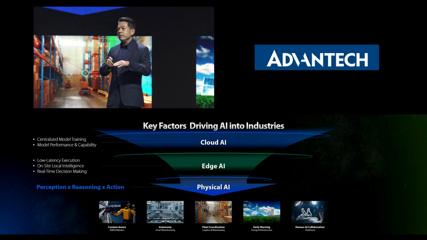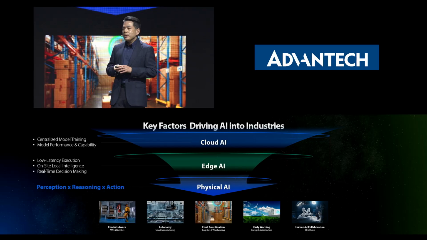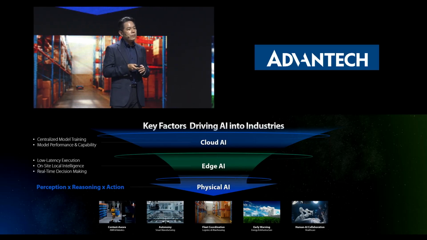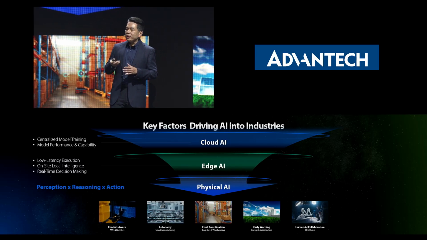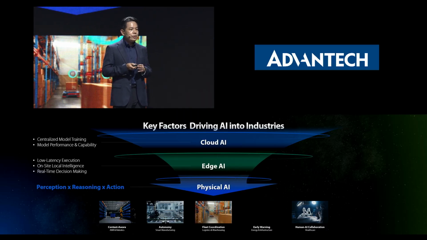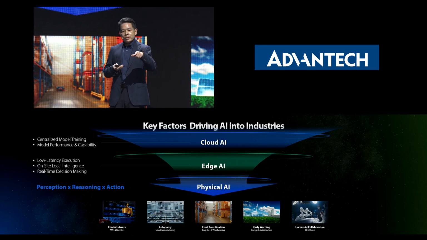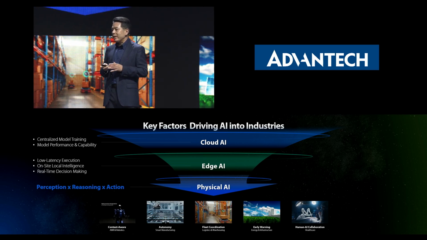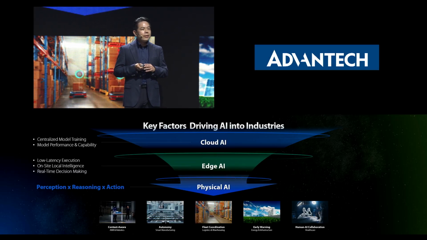Let's look at the second layer, the Edge AI. When the computing power is deployed to the field, Edge AI's low latency, data security, and real-time response have demonstrated a great advantage. And also, the most important layer to truly change the industrial competitive landscape is the third layer, physical AI.